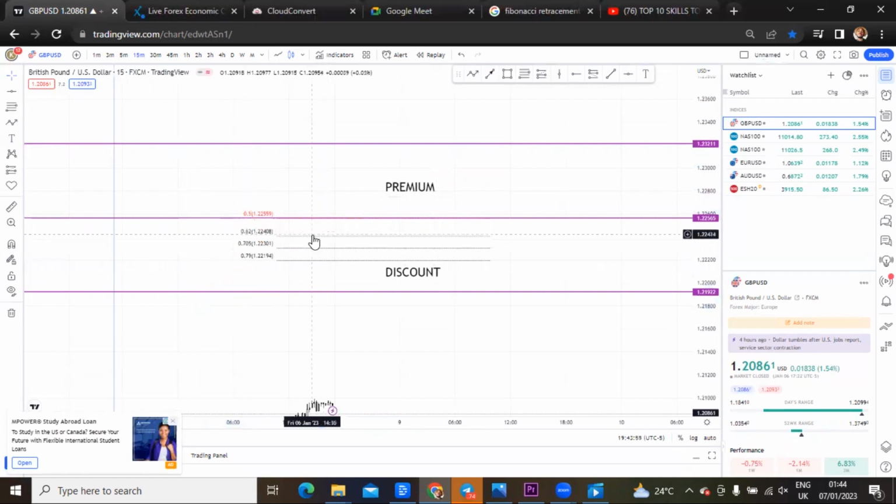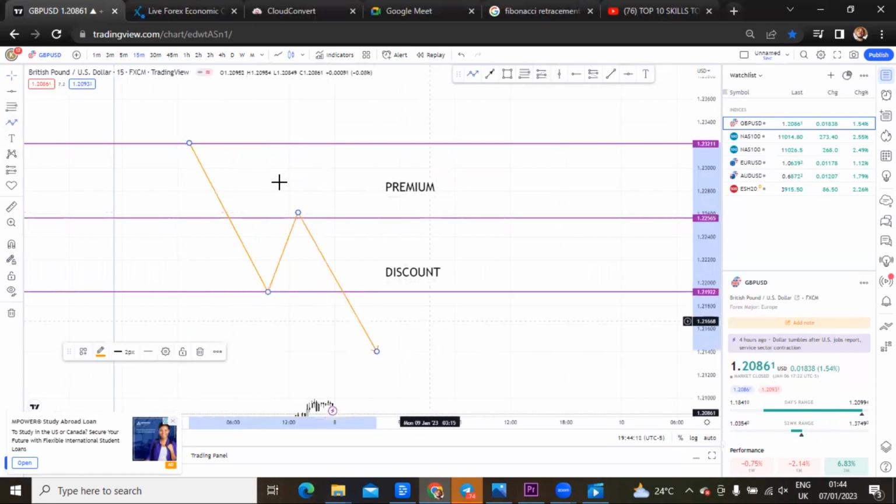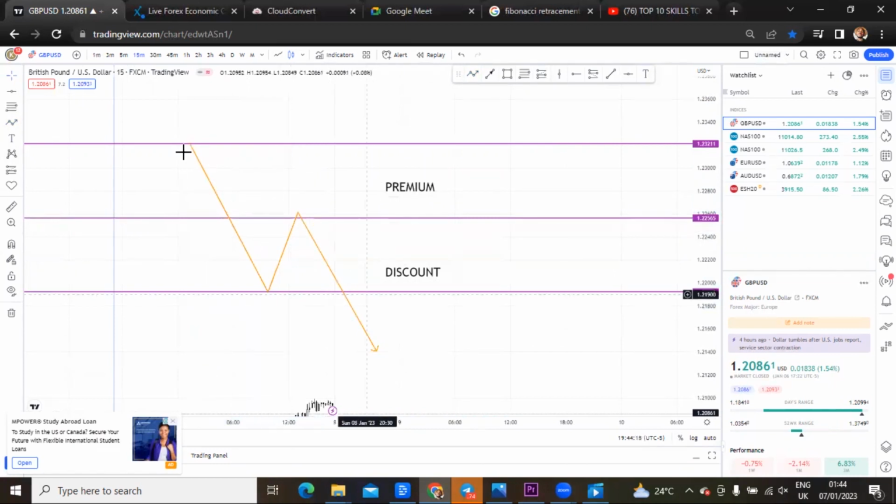For a downtrend market, if price is doing this, so this is the first leg of the move, and this is the retracement, and this is the result. The first leg of the move is the impulse, whereby the downtrend is facing down. This is a minor retracement or a counter trend. This is another main move.